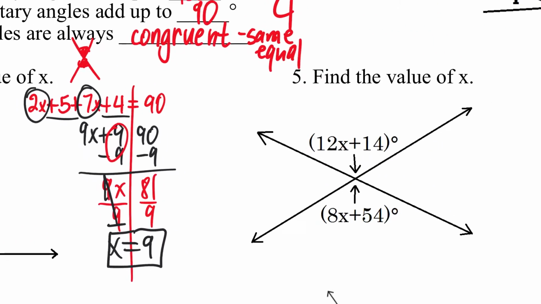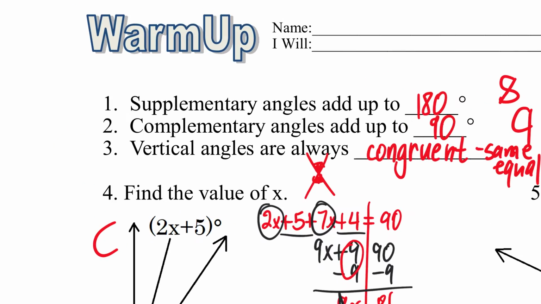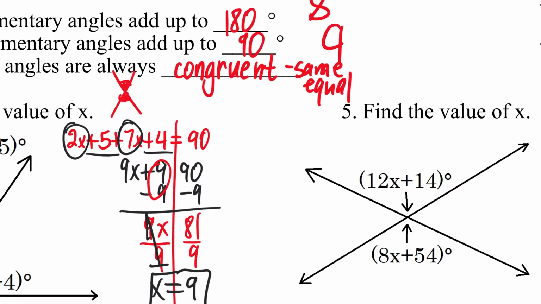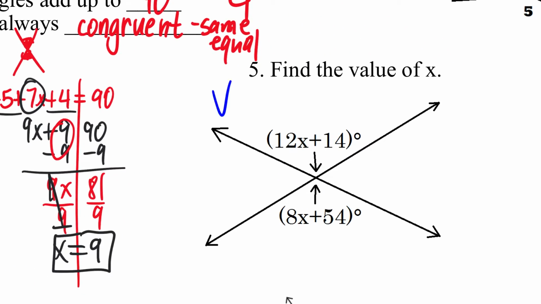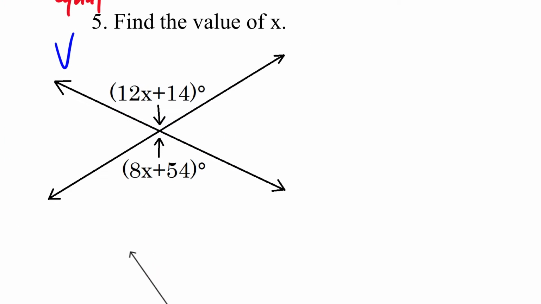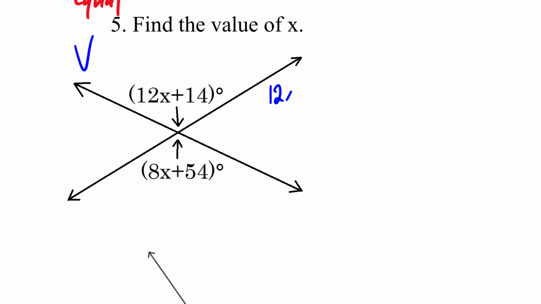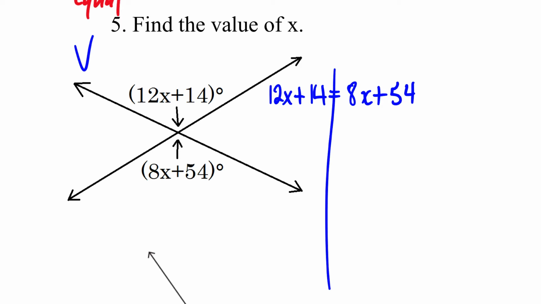Okay. All right, number 5. This is an example of which one of these? Vertical angles. And so what do I know about those? They're always congruent. So we're going to set 12x plus 14 equal to 8x plus 54. I'm going to get my x's together, subtract 8x from both sides.